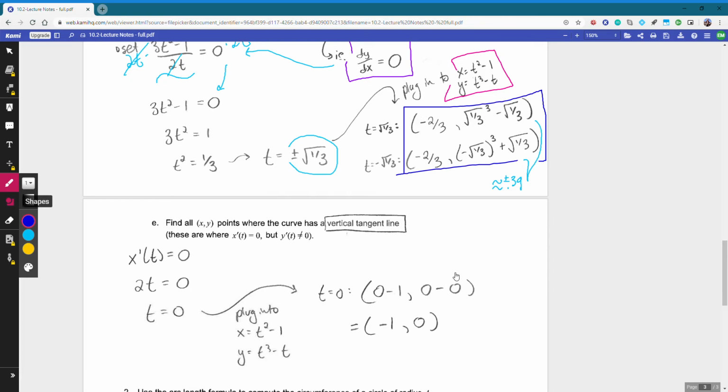And so thinking about our formula for the slope of the tangent line, dy/dx, which is y prime of t over x prime of t, if this is going to essentially give us infinity, well then we would need to have our denominator equal to 0 and just our numerator something else.